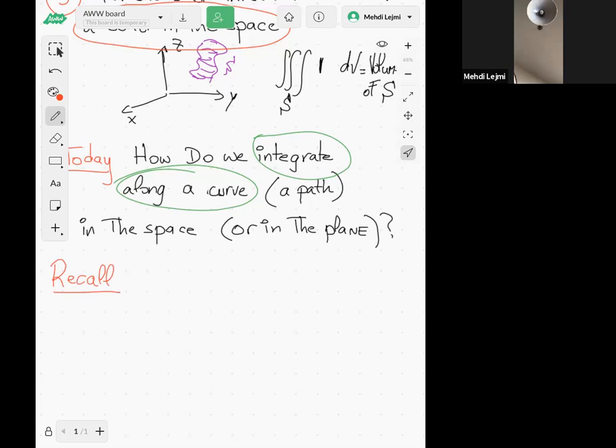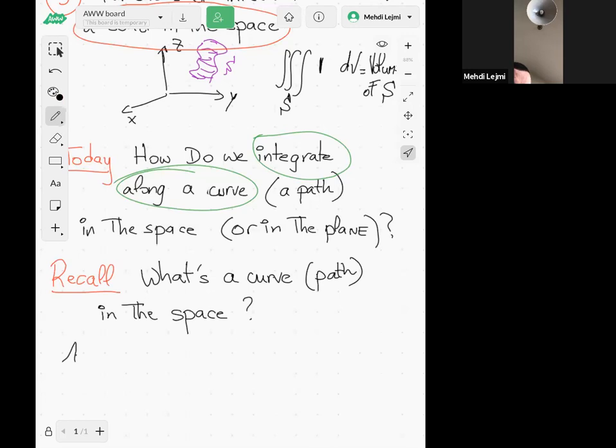So what's a path or a curve in the space? Okay, so the definition of a curve, or path, is that it's actually a function.